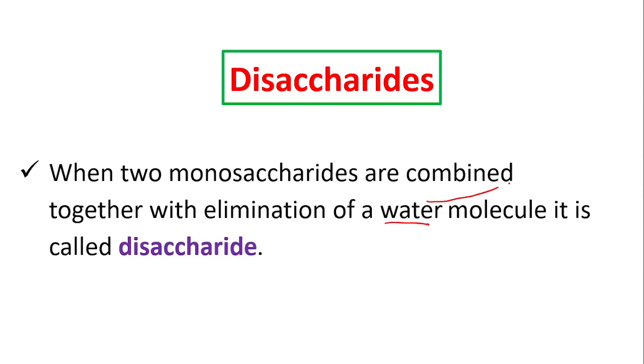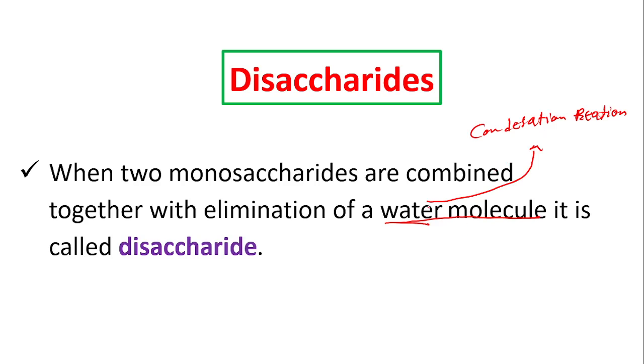When water is eliminated, that simply means that this reaction is a condensation reaction. So during the formation of a disaccharide, there is the removal of water, and the removal of water makes this reaction a condensation reaction.